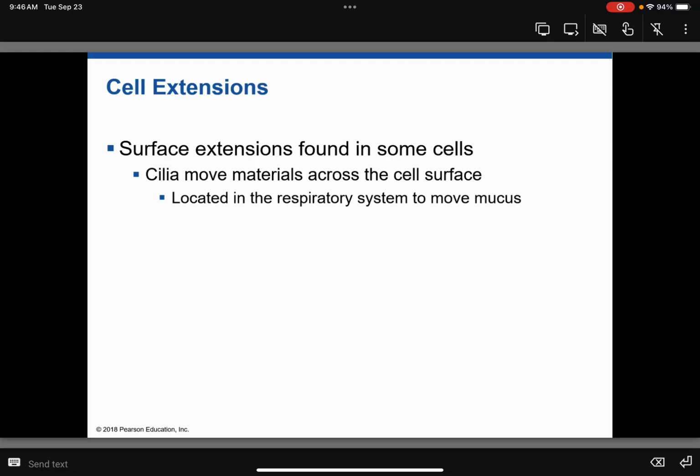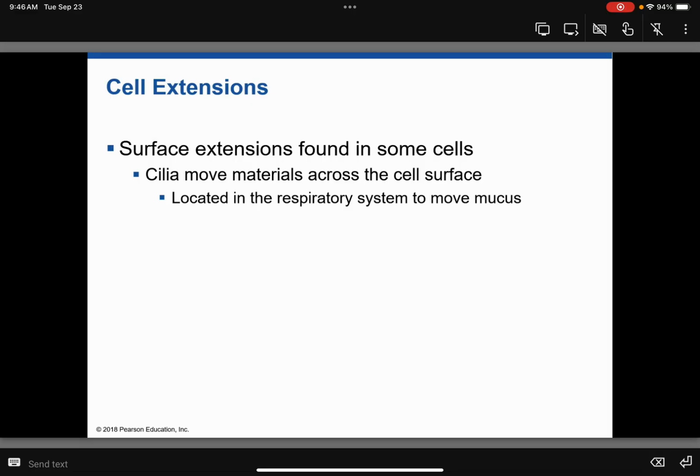So cilia will move materials across a cell surface, and we can find some of these cells with cilia on them located in the respiratory system, where they help to move mucus through that system. So basically you have a cell like this, and it has all these little tiny projections that look like this.